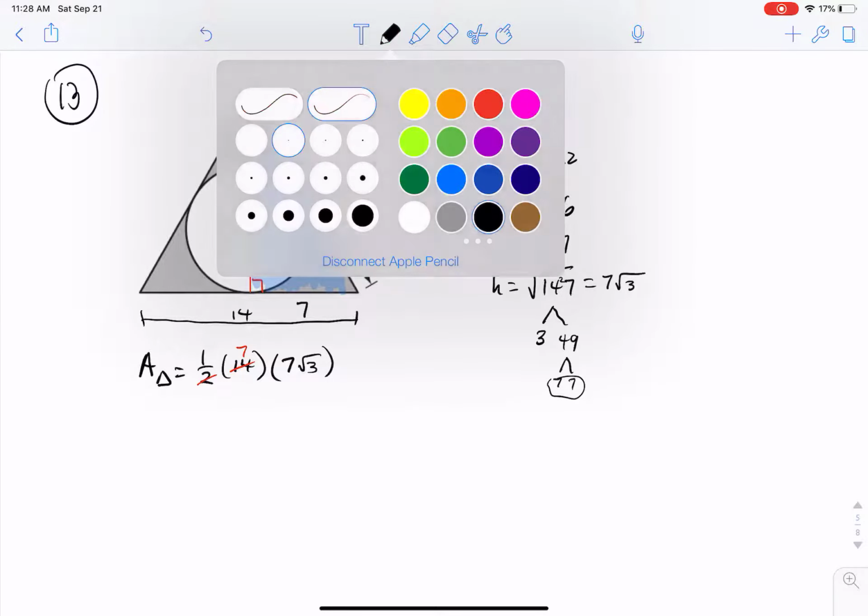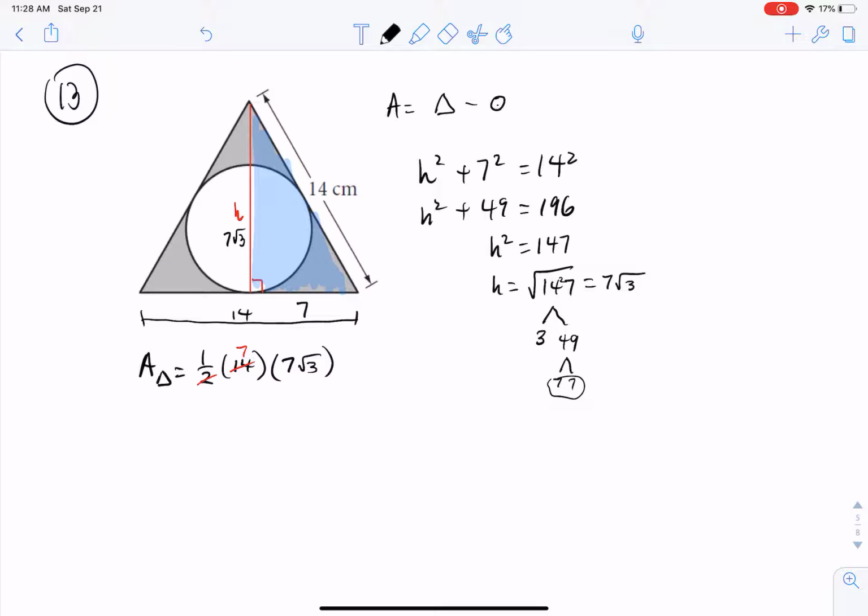And now whenever I multiply this 7 by the 7 square root of 3, remember that you're treating your square root of 3 like it's a variable, like it's an x. So as if this is a 7x. If I multiply 7 times 7x, I would get 49x. Likewise, the area of this triangle should be 49 square root of 3 centimeters squared.